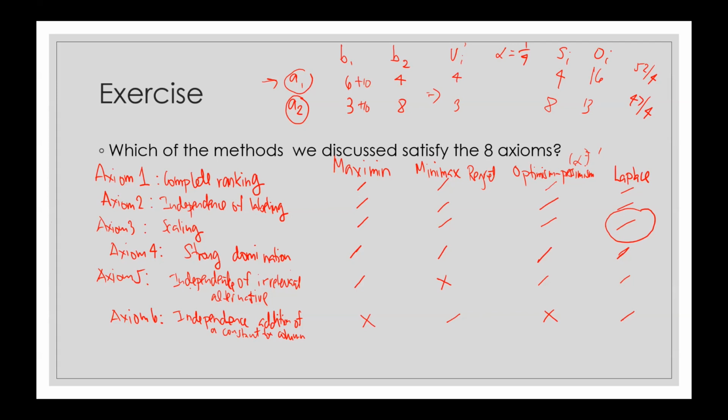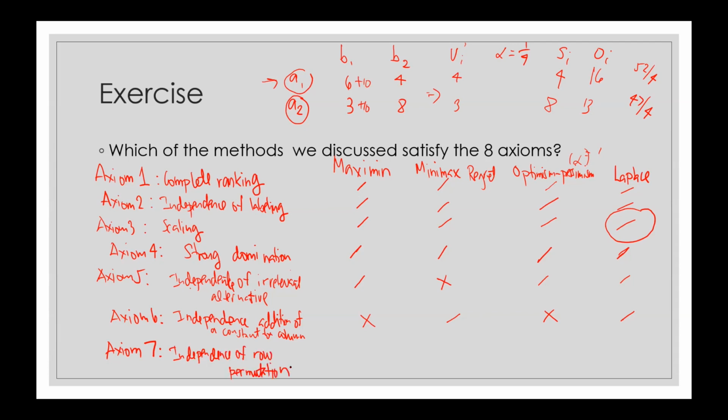Now it's your turn. I want you to show which of these four rules or methods satisfy action 7, which is independence of row permutation.